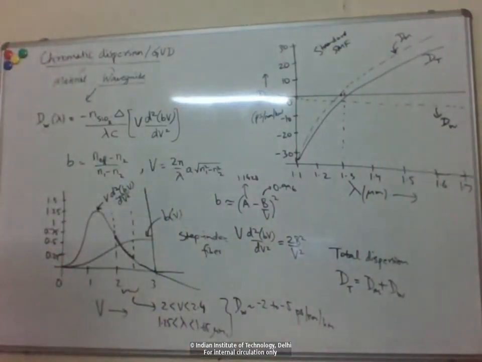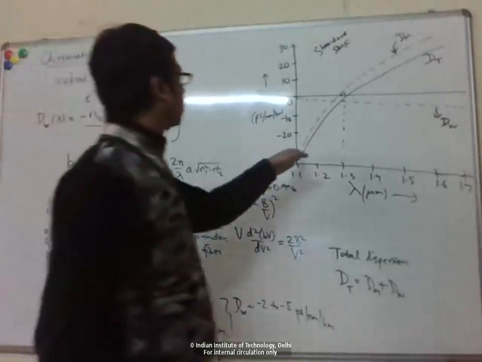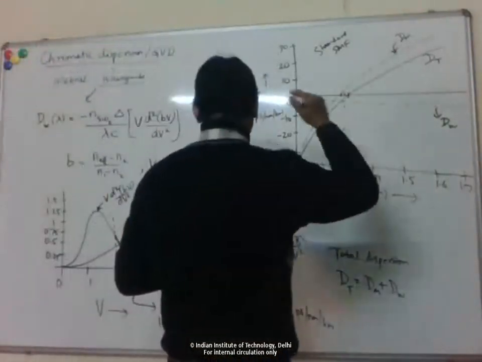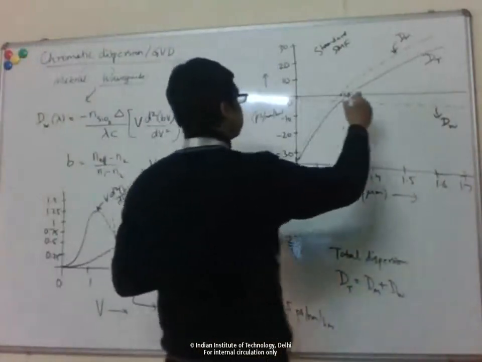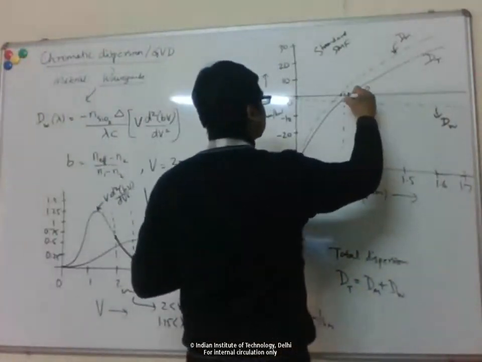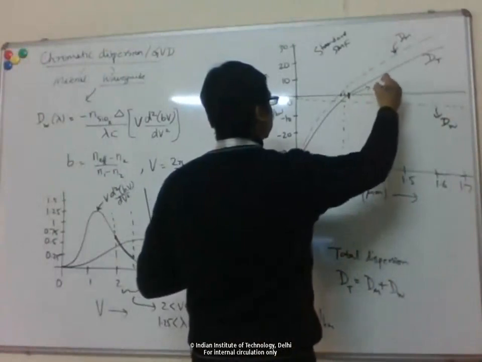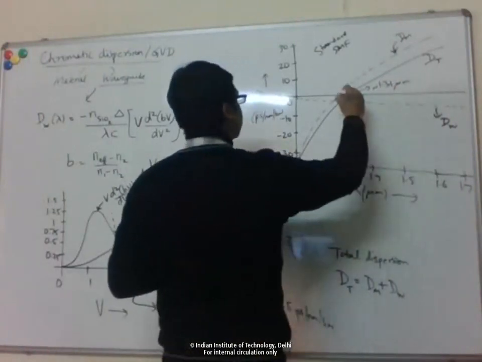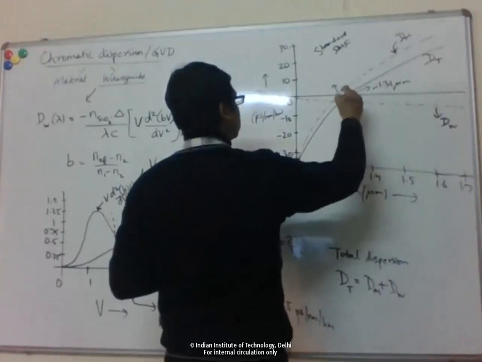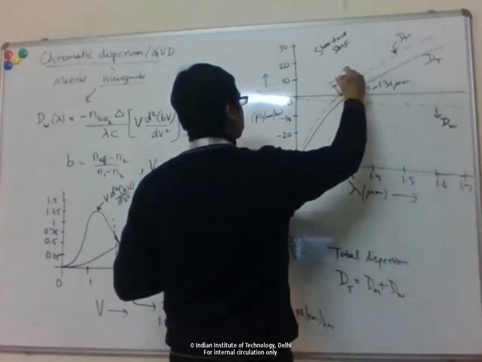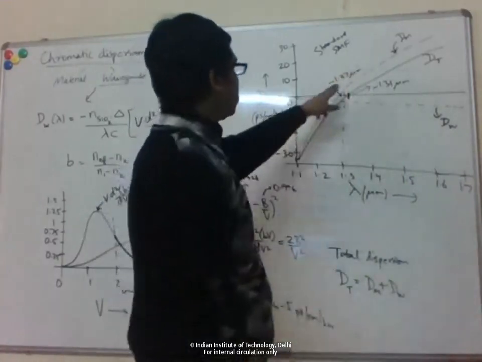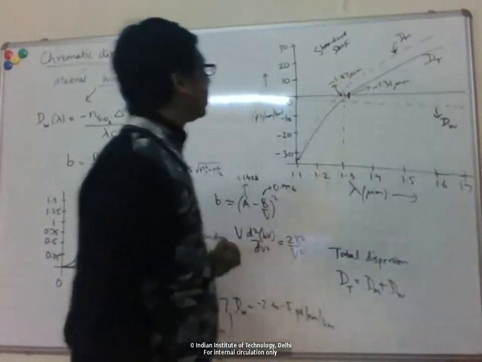That's a standard single mode fiber, and it has a dispersion profile like this. The total dispersion crosses zero at about 1310 nanometer. The material dispersion crosses zero at around 1.27, and because of the waveguide dispersion, this shifts a little bit.